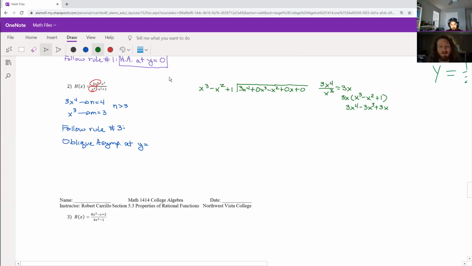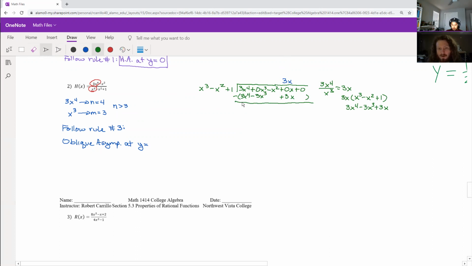All right. So go ahead and write our answer up top. For our first one, we had 3x. It goes right there. Do our math. Minus 3x to the 4th minus 3x cubed plus 3x.